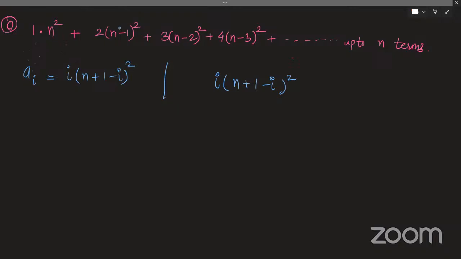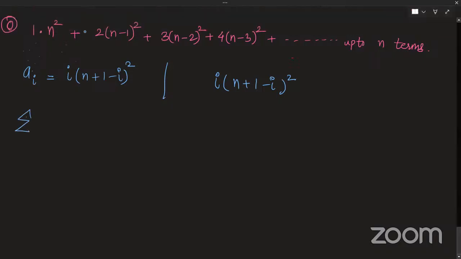So tell me, how would you take the summation of this thing? You have to take the summation of i into (n plus 1 minus i) whole square, where i is going from 1 to n. How would you do this?